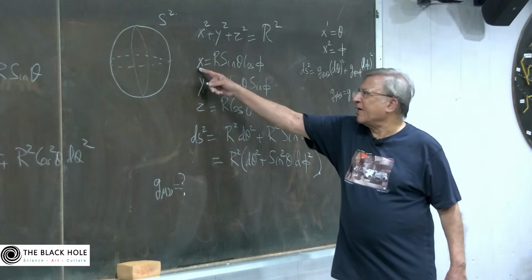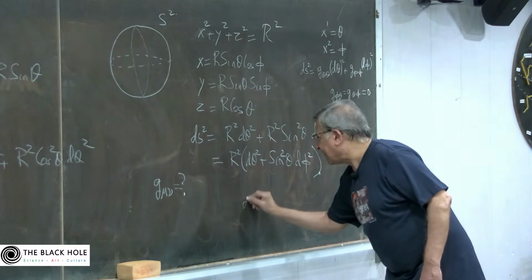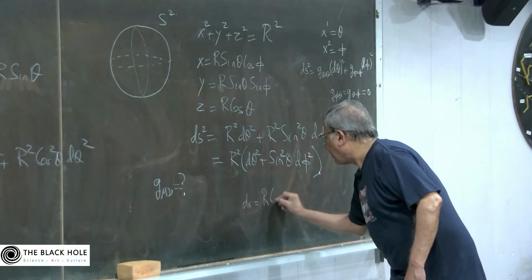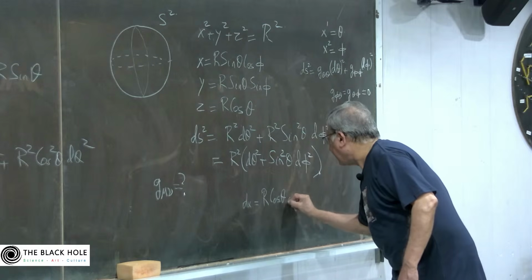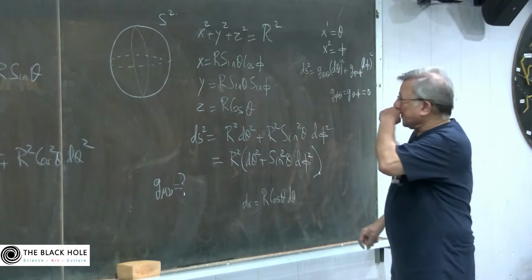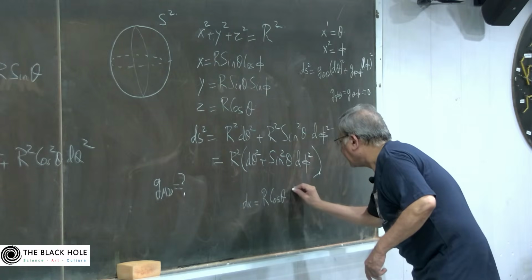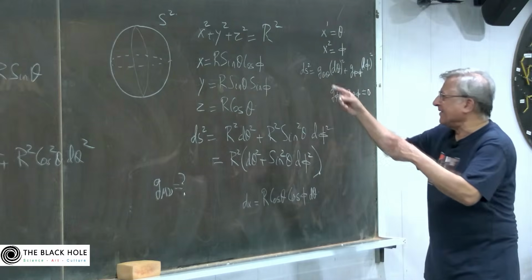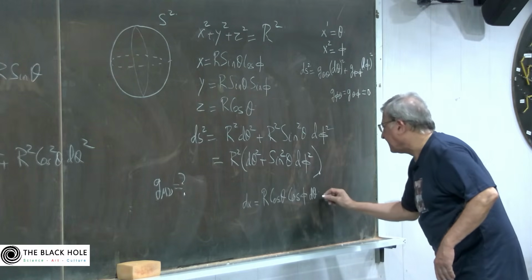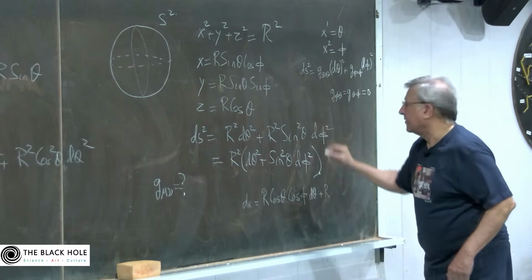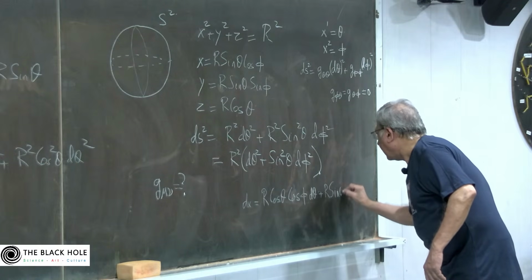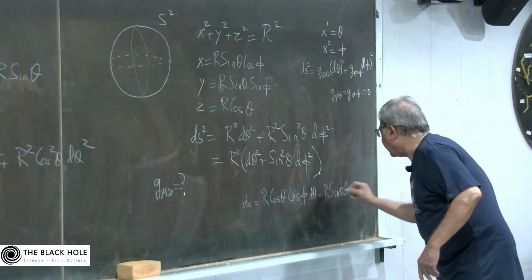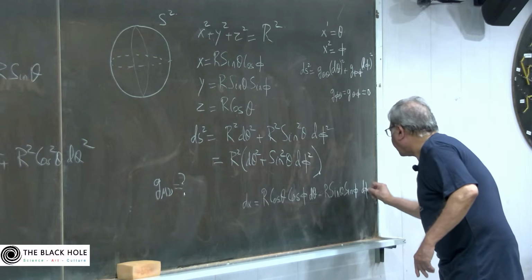Okay, let's see. When I take dx, then this will be r cos theta d theta cos phi. Then the other one will be plus r sine theta sine phi d phi with a minus sign, because when you differentiate this, yeah.